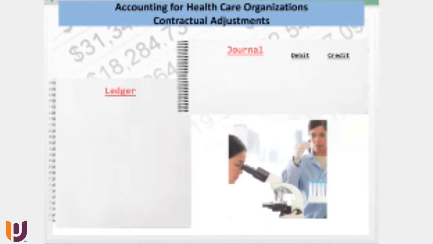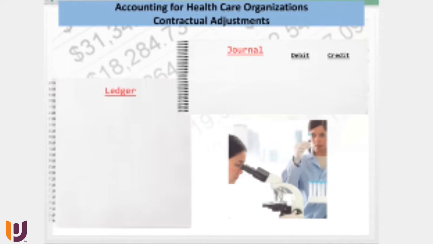Patient service revenue figures are reported by these organizations only after a reduction for contractual adjustments. These adjustments are decreases allowed for some third-party payers based on the approved cost for a particular service in that geographic region.